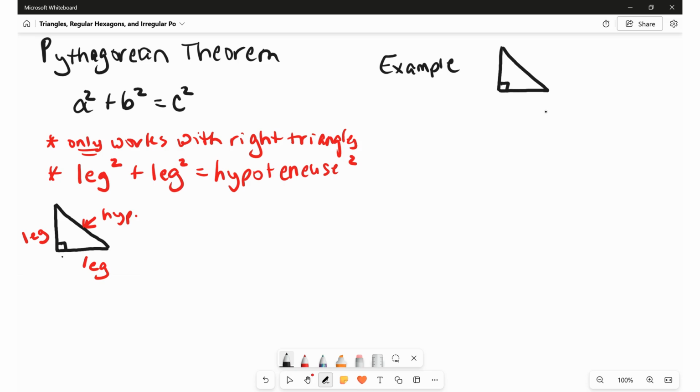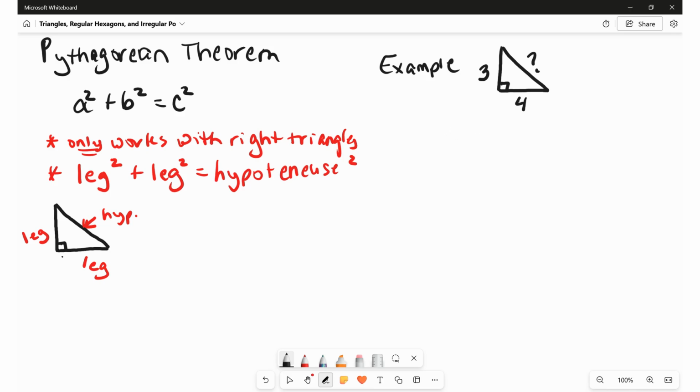And we are told that this leg is 3 units. This leg is 4 units. And we're looking for that one.